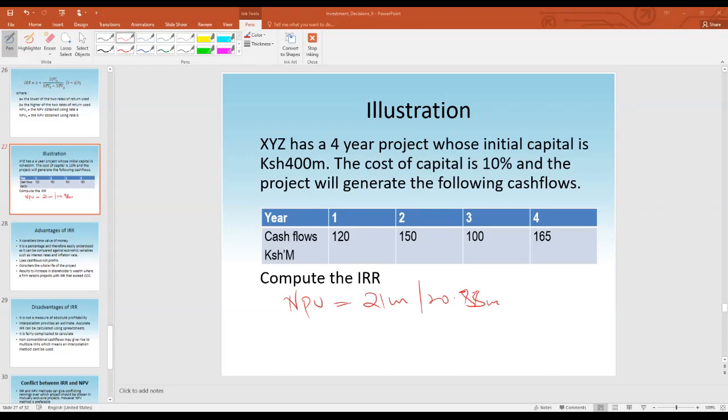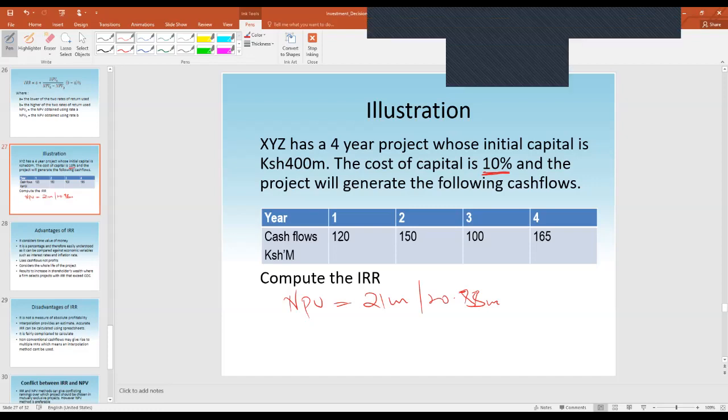So I want to decrease the NPV from 21 to 0, isn't it? Therefore, what should I do with my discount rate? Should I increase the discount rate or decrease it? At 10%, we got positive 21 million. I want to decrease the NPV to something close to 0.